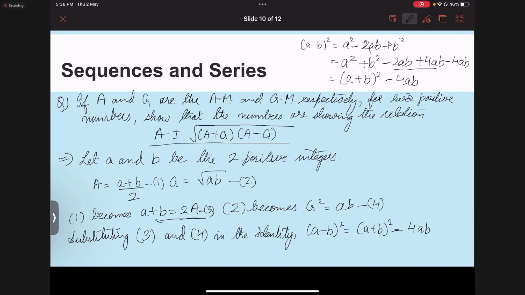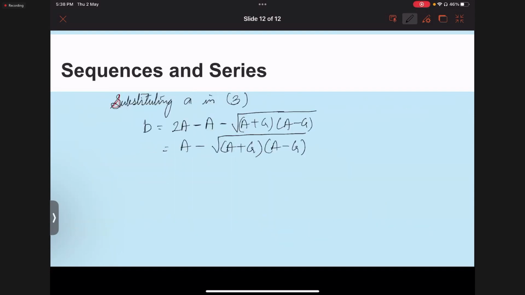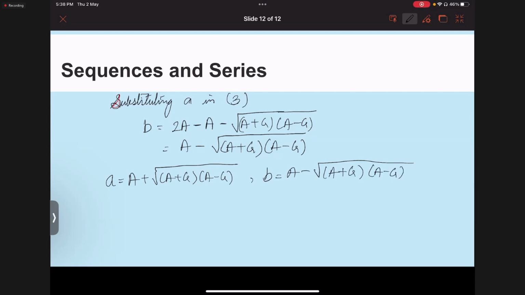So a is equal to a plus under root (a + g)(a − g), and your b is equal to a minus under root (a + g)(a − g). Hence proved.